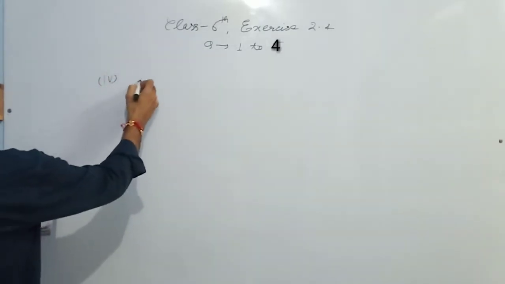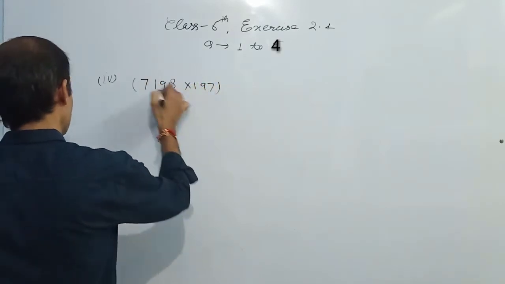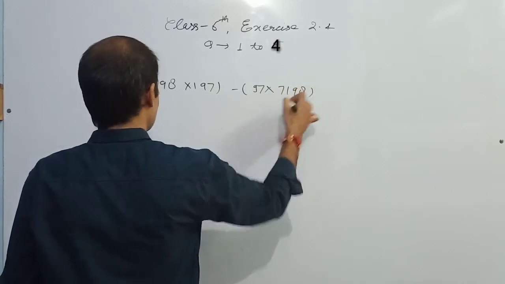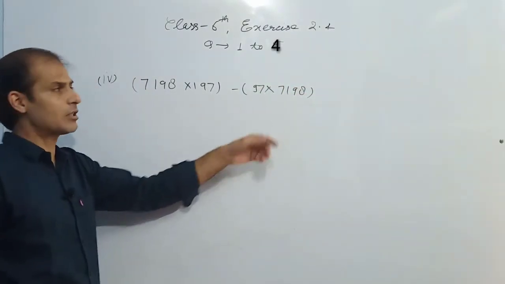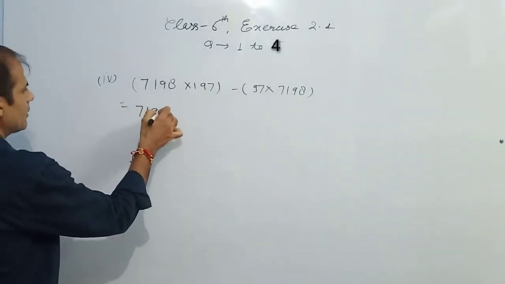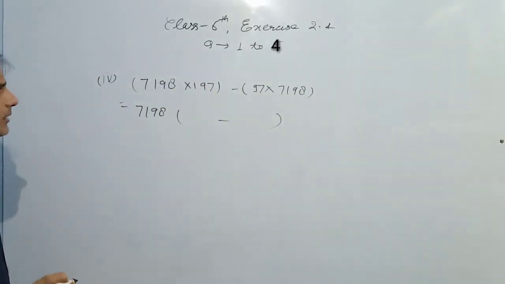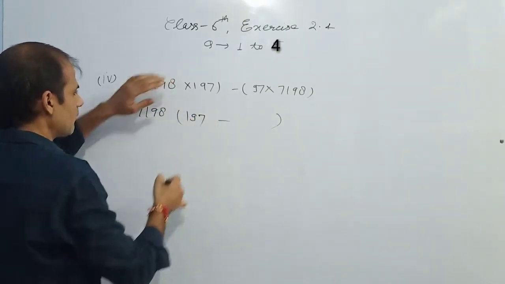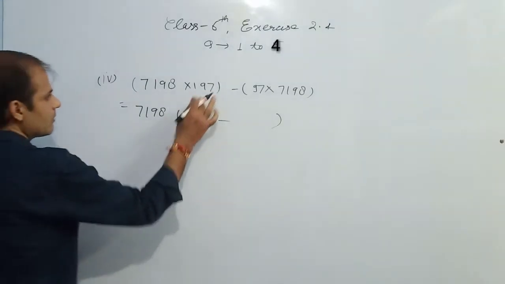Very interesting. 7198 into 197 minus 97 into 7198. Again you can see that in both these expressions this value is common, 7198. So write this value, write bracket, write minus sign. If this is the common value, then the remaining value which will be multiplied with 7198 is 197.